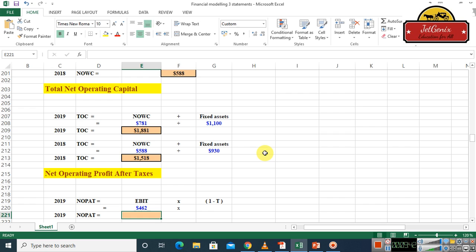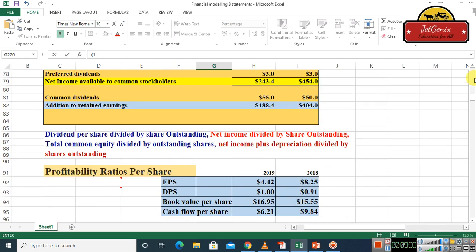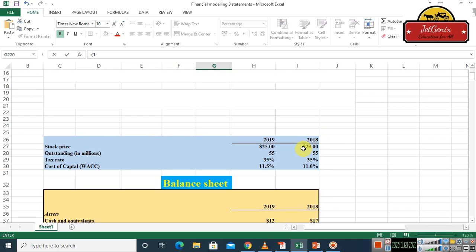Okay, so we have found 462 million of EBIT, and here I am going to select, with parenthesis, 1 minus the tax rate, and the tax rate we have at the very beginning of this spreadsheet. So you can come here. Yes, for 2019 the tax rate is 35%. I will just select and press enter. Oh, sorry guys, sorry.